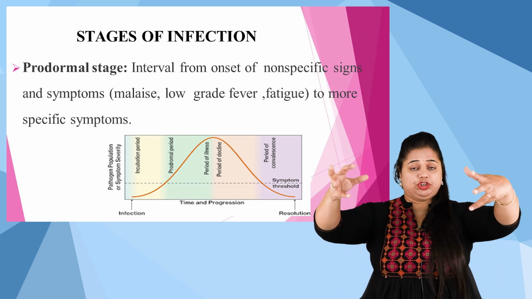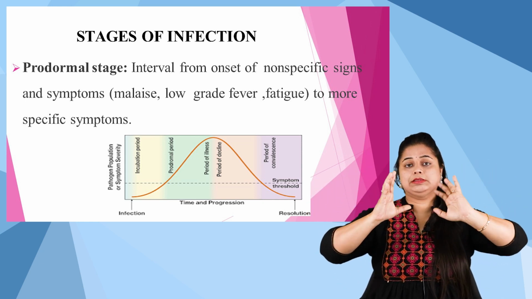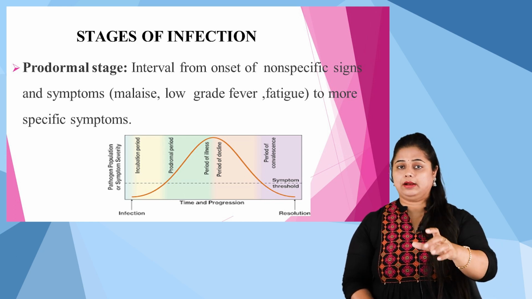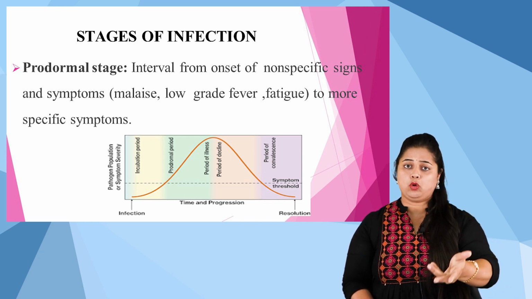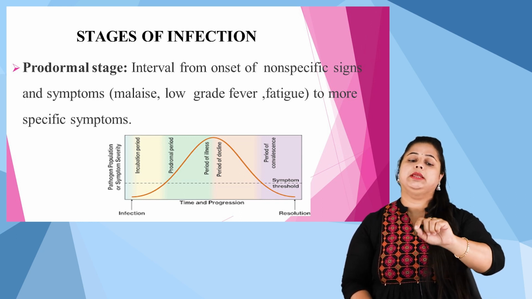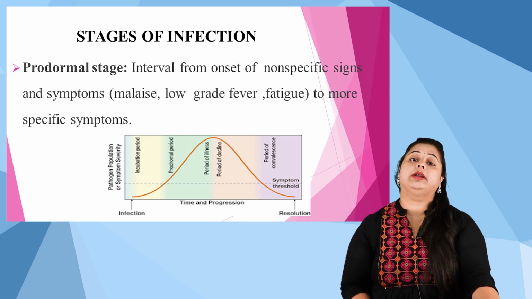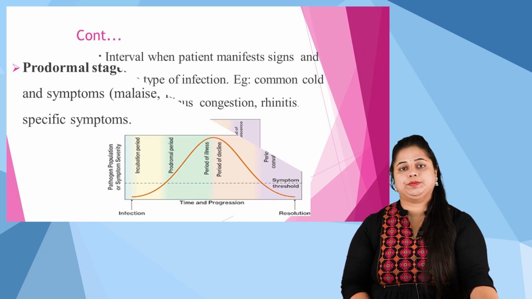So when there are general symptoms and suddenly specific features are shown by the host, with which we can give a correct diagnosis, yes, it is a fever. Such a phase is called the prodromal stage.